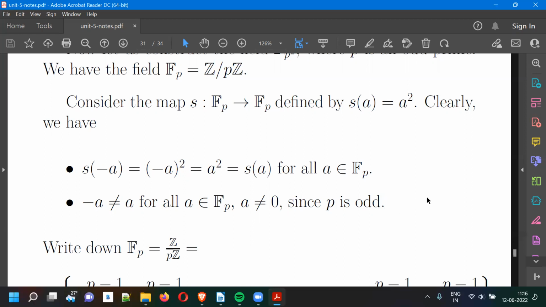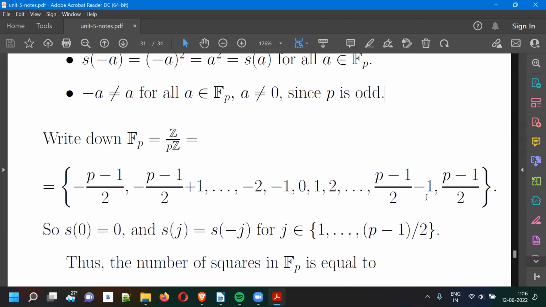Now we can list down the elements like this. Fp, which is Z mod pZ, can be written down exactly as these elements. So instead of writing them down as 0 to p minus 1 or 1 to p, we are writing them down as 0 and then positive elements and negative elements.